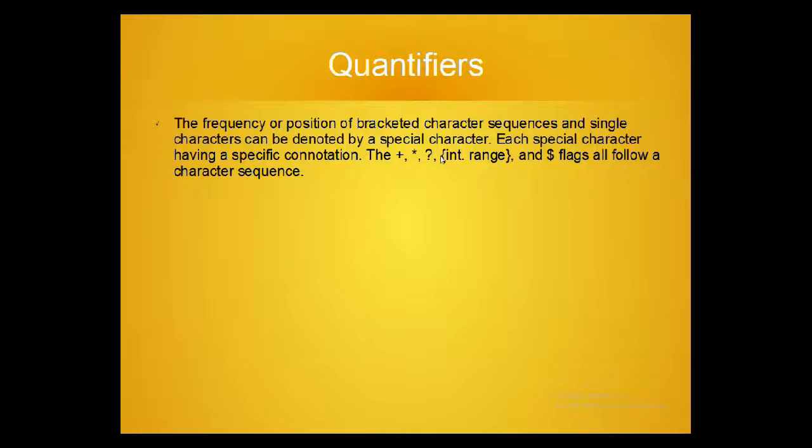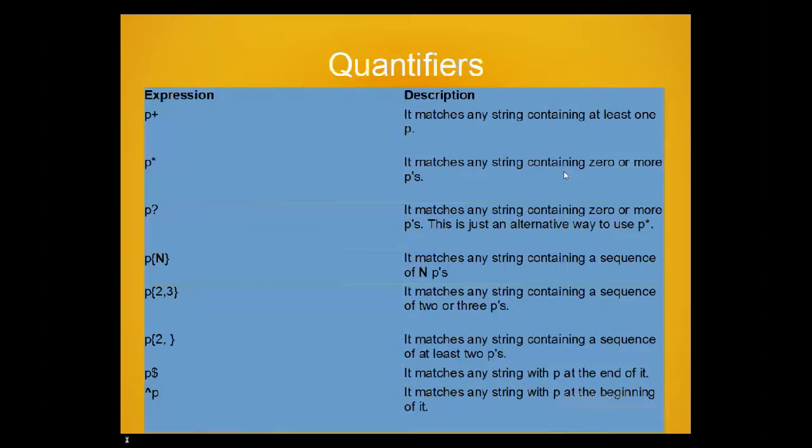If we add anything within curly brackets, it means a range, a starting range and an ending range. We will look at each quantifier here, and how these quantifiers work on the JavaScript regular expression engine.